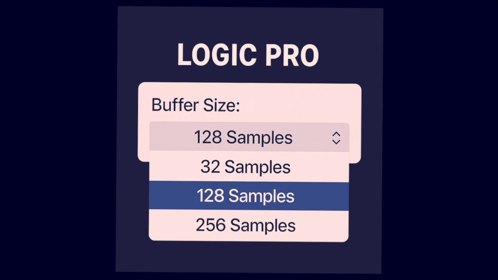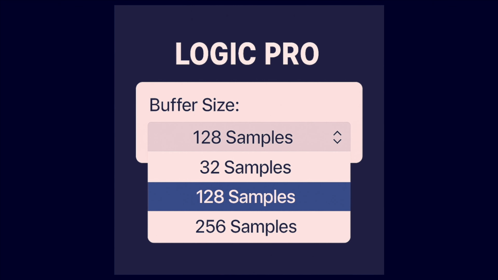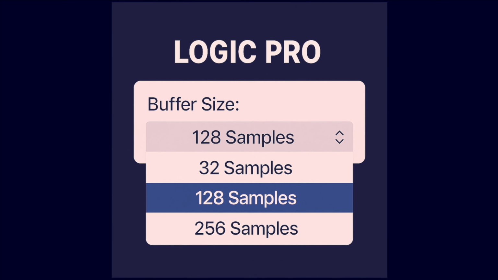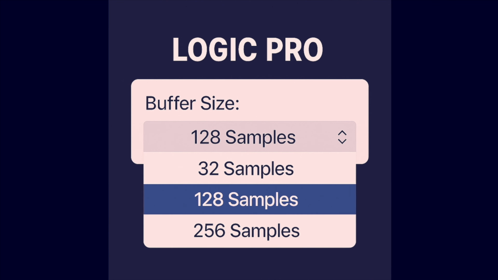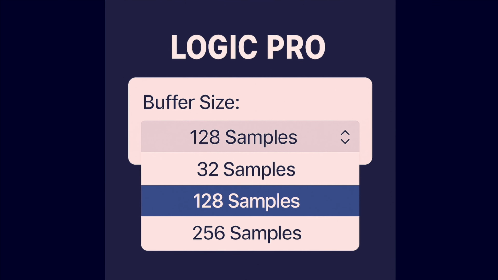One of the biggest contributors to latency is your I/O buffer size. You'll find this in Logic Pro's audio preferences. A low buffer size, like 64 or 128 samples, means your system processes audio faster, which reduces latency while recording.